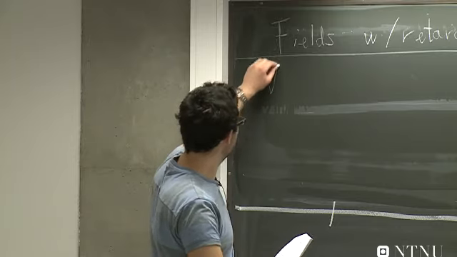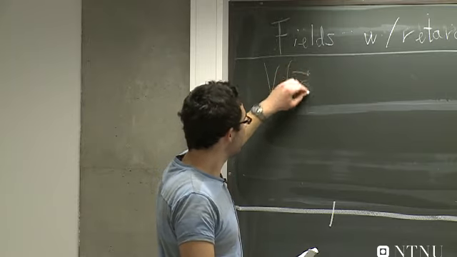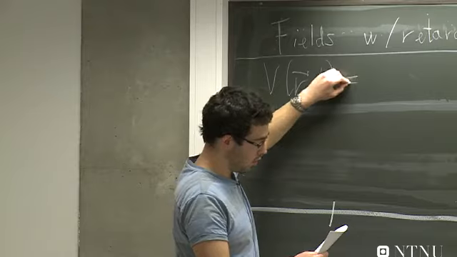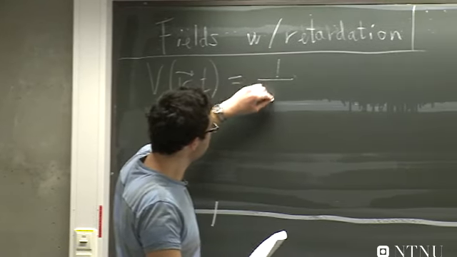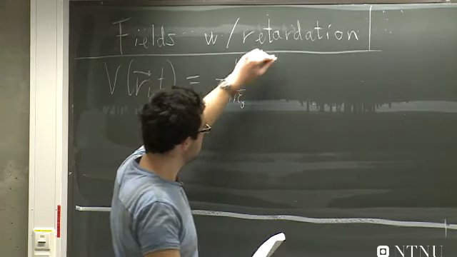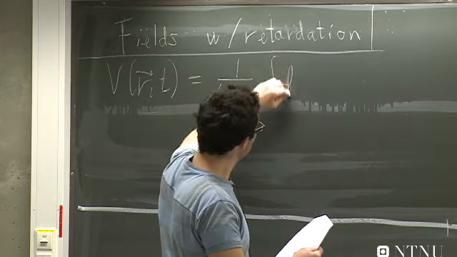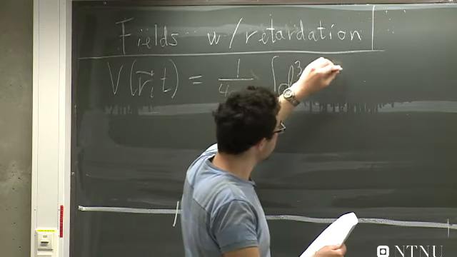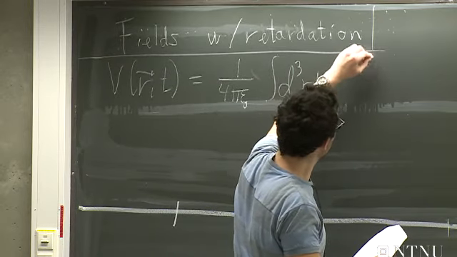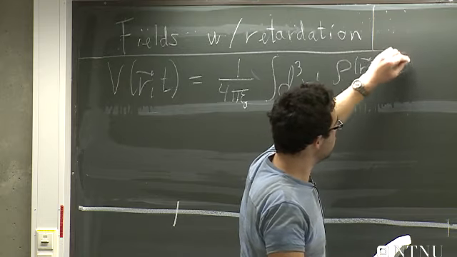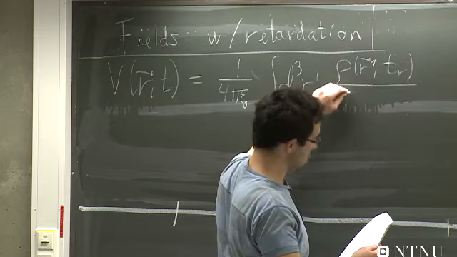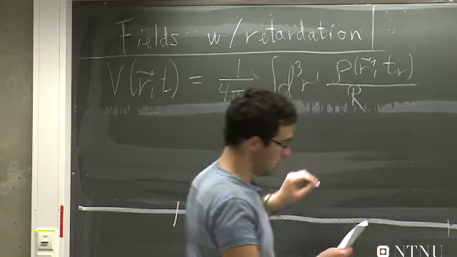They were the following: the potential is given by an integral of the charge distribution at the retarded time, like this.